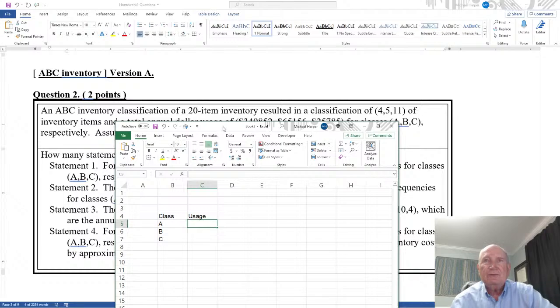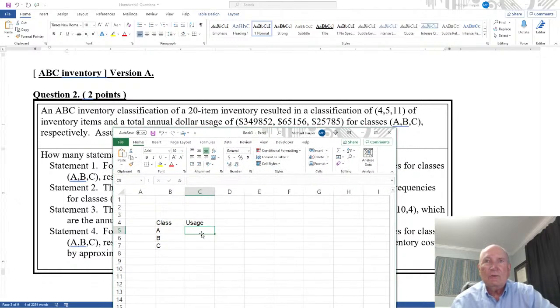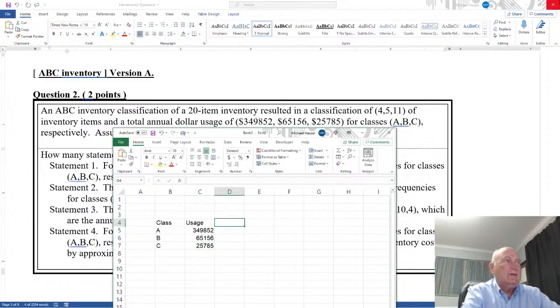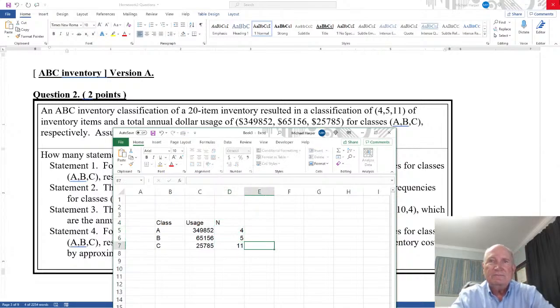For class A it is 349,852. For class B it is 65,156. For class C, it's 25,785. And then we have the classification of 4, 5, and 11.